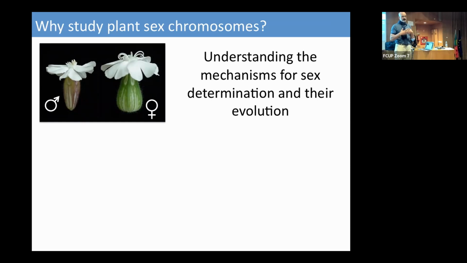Because if we want to understand the mechanisms of sex determination and how they evolve, we need to have a better knowledge of those mechanisms in this important eukaryotic group that plants are.